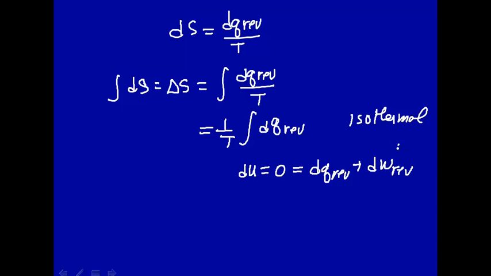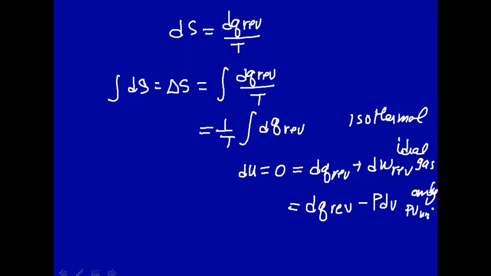So this is an ideal gas, and that is equal to dq reversible minus PdV, the assumption here is only PV work. So in other words, dq reversible is just PdV. Okay, so let's go ahead and do that.